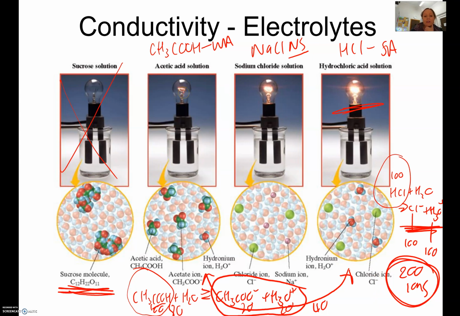Now, for the same concentration of ethanoic acid, a weak acid, it partially dissociates. If we start with 100 ethanoic acid, only about 20 of them would dissociate. So you'd only get 20 ethanoate and 20 hydronium, which is a total of 40 ions, which is much smaller, and so you'd get far less conductivity, and the bulb wouldn't shine as bright.